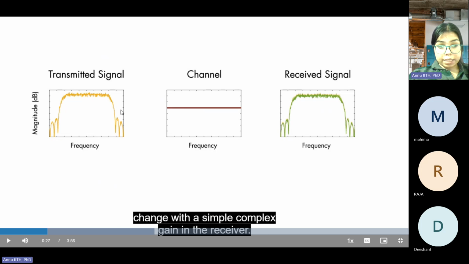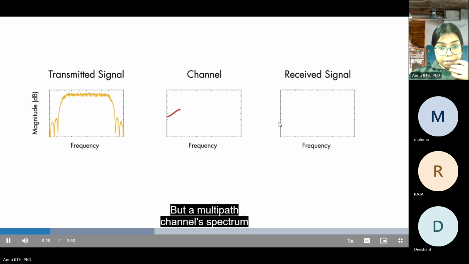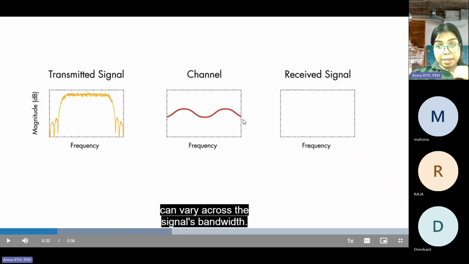So this is a channel, this is a transmitted signal. If it is flat, we can compensate, okay? But the multipath channel spectrum can vary across the signal frequency. That's why we do not get the received signal same as the transmitted one.